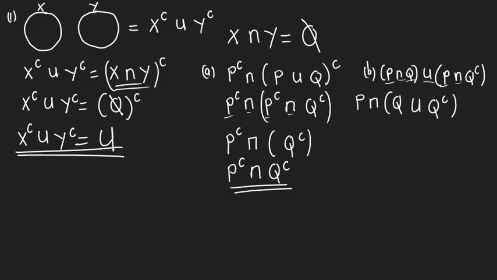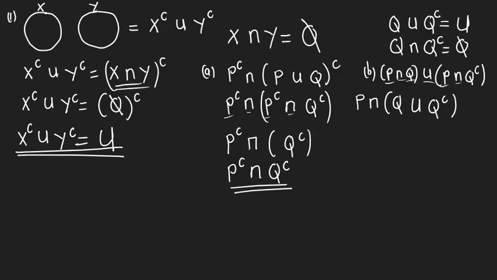Now, Q union Q complement is going to give you the universal set. Always know that Q union Q complement is going to give you the universal set. Probably Q intersection Q complement should give you the empty set.